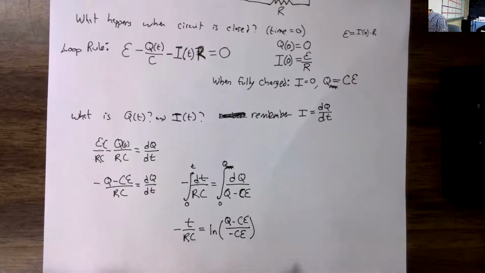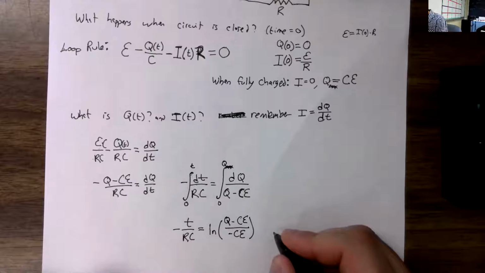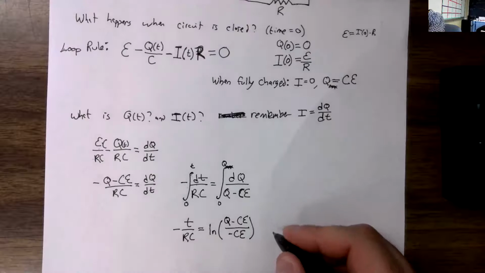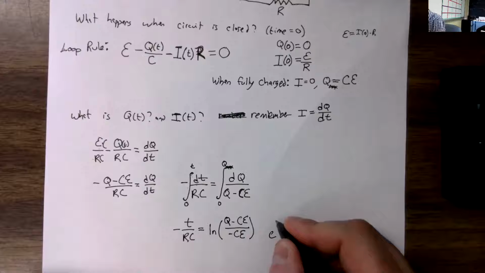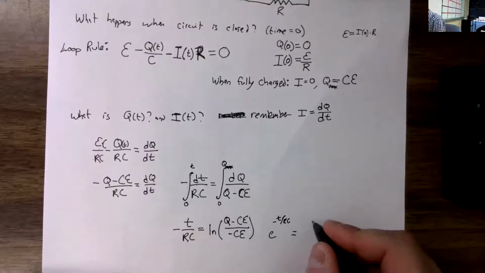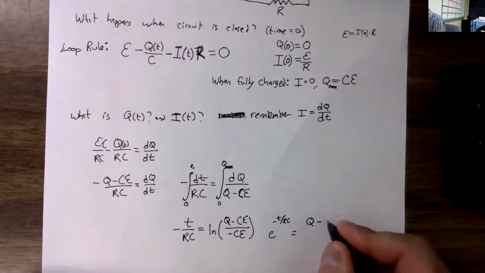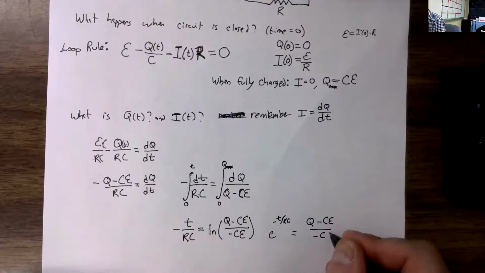If we exponentiate both sides, if we raise e to the power of both sides, we have e to the minus t over RC equals (Q minus CE) over minus CE.